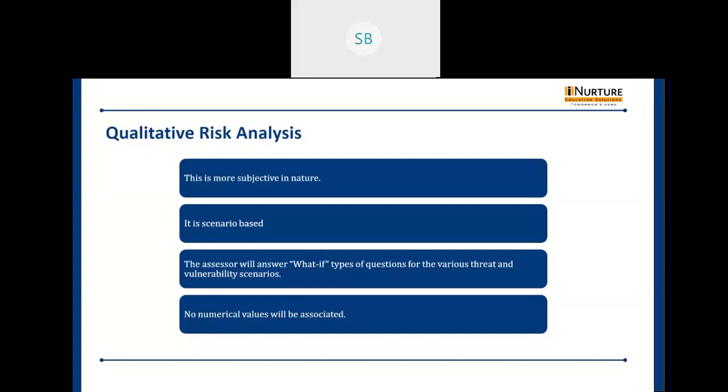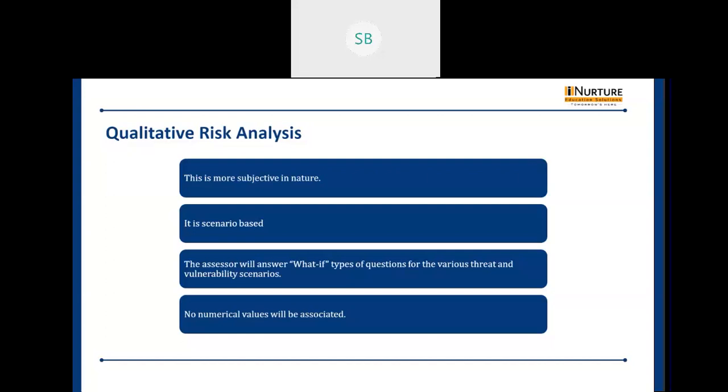Then the assessor will answer what-if types of questions for the various threat and vulnerability scenarios. As I said, since this kind of risk is scenario based, we have to take the measure beforehand. We don't know when a fire may suddenly break out in our organization, so what measure should be taken? We should think of it earlier.